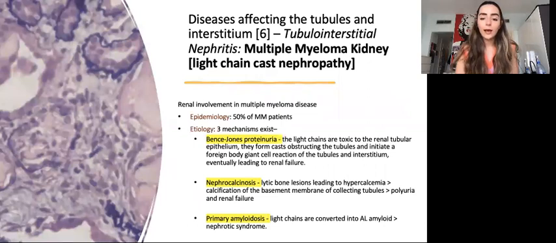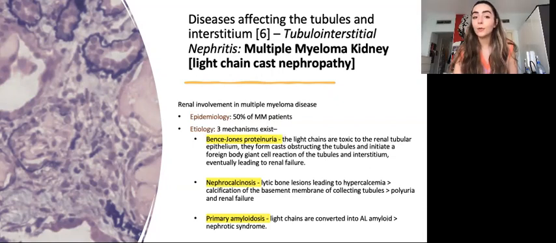And then we have multiple myeloma kidney, which is also called light chain cast nephropathy. This is damage to the kidney in those who have multiple myeloma. There are 3 mechanisms of how this can occur: Bence-Jones proteinuria, nephrocalcinosis, or primary amyloidosis. It occurs in most patients with multiple myeloma.